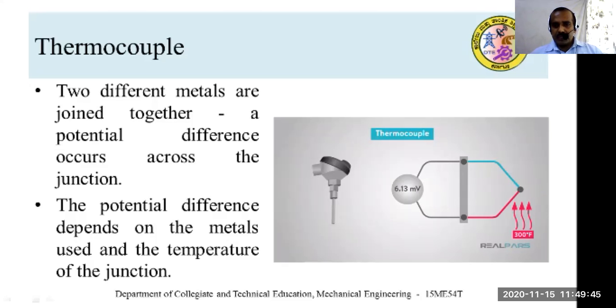They are joined together at the ends. One end is placed near the object where temperature is to be measured, and the other end is open to the atmosphere, or it acts as a reference junction. The voltage across the two metal wires is measured, which is proportional to the temperature of the body at the hot junction.